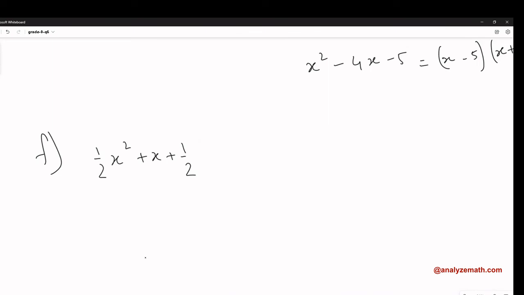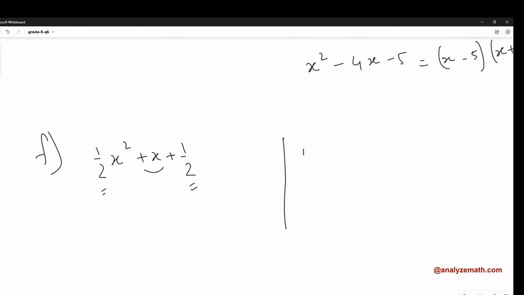Now, in part F, we also have a trinomial of degree 2, 3 terms, with the highest power being 2. And then we need to factor it. However, here we have some fractions. The fraction is 1/2 here, 1/2 here, and maybe the best thing to do is to factor this half out. Now here we don't have a half, so let's create one.